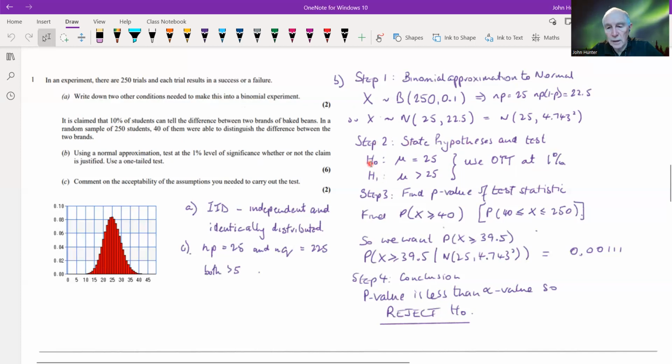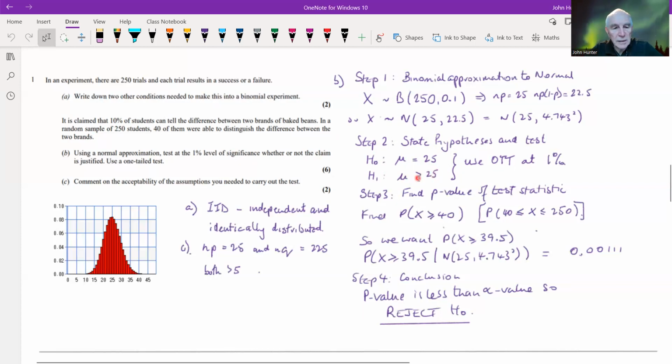Well, the null hypothesis is that the mean is 25. Okay, that's our baseline assumption. Because we're assuming that 10% can tell, we would expect 25 students who can distinguish in this group of 250. And we're doing a one-tail test, so we're kind of checking.